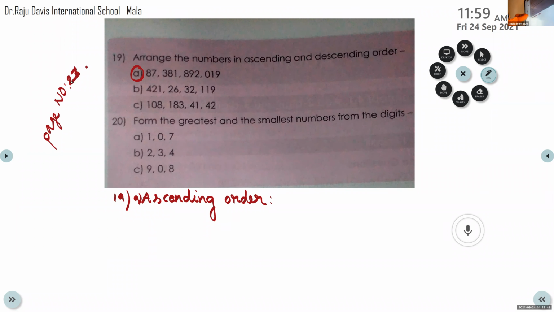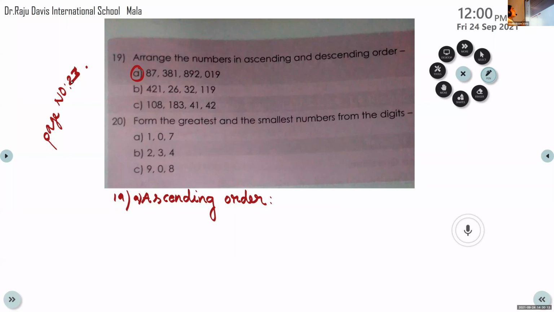Now, please listen everyone. After that, we can write. One question I'll explain for you. After that, you have to do. My dear children, here all the numbers may not be 3-digit numbers. So you have to check the number of digits also. Please keep in mind. Question A: 87, 381, 892.